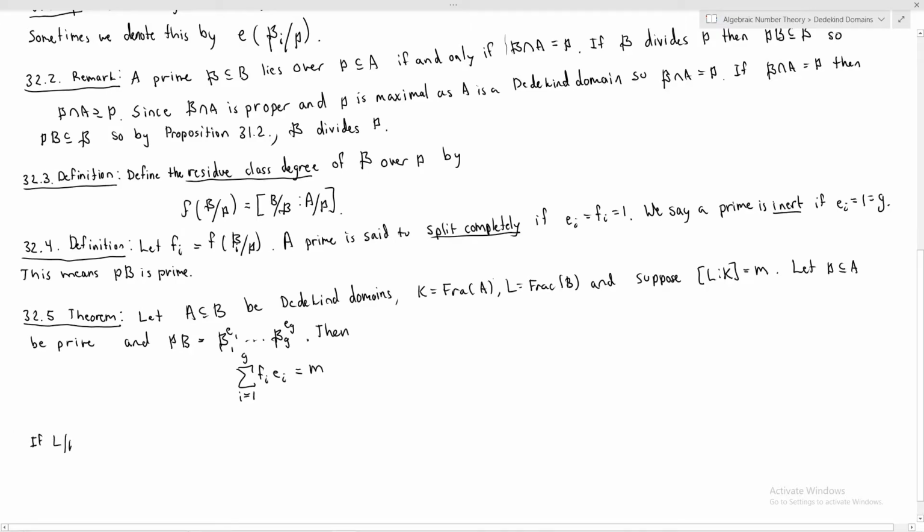Okay, and we can say something stronger in the Galois case. If L over K is Galois, then all the Ei's are equal. All ramification indices are equal, and all the residue degrees are equal.